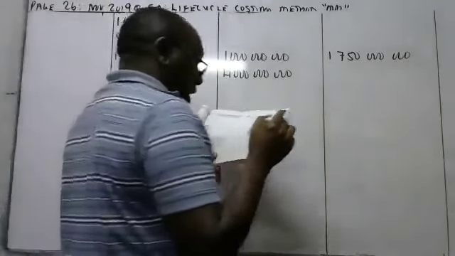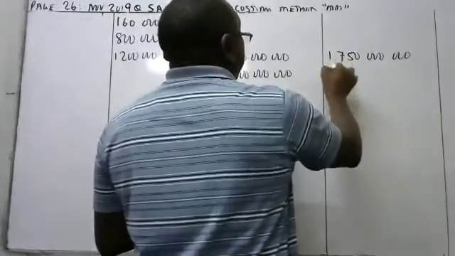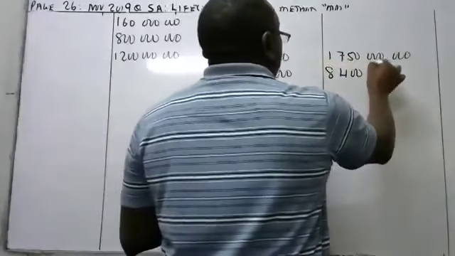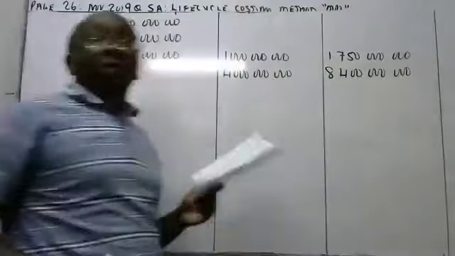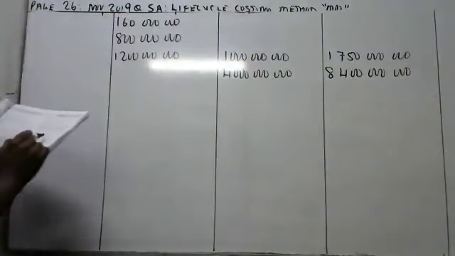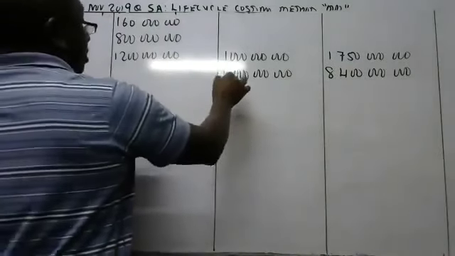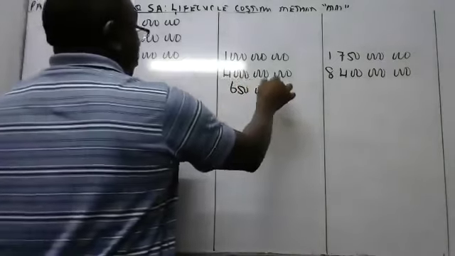Then ingine itakuwa what? 8.4 billion. Then hii ingine ni 650.